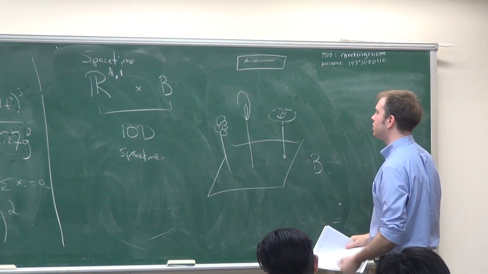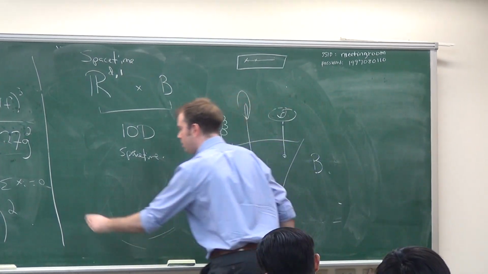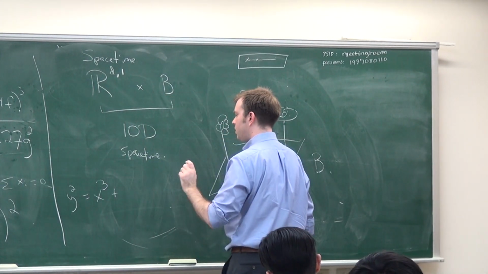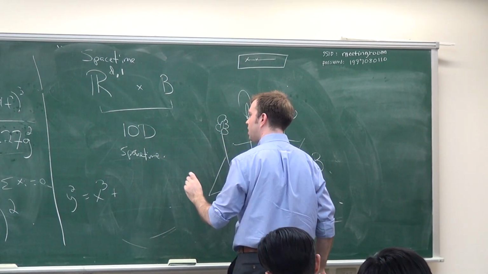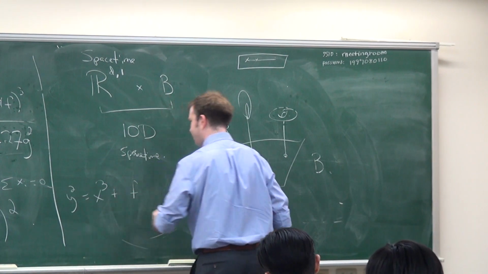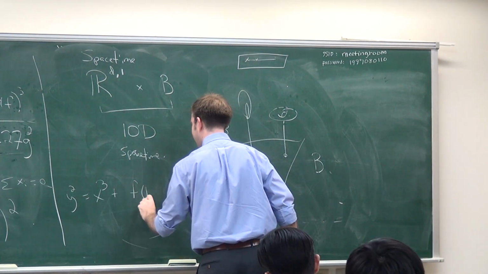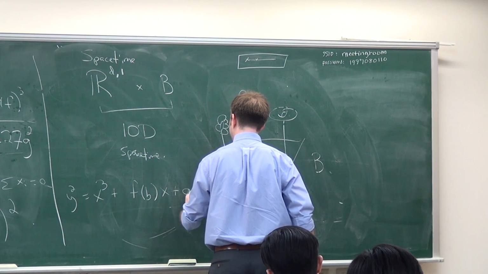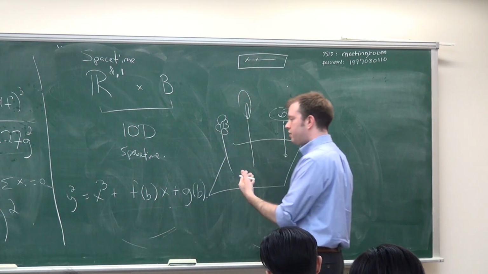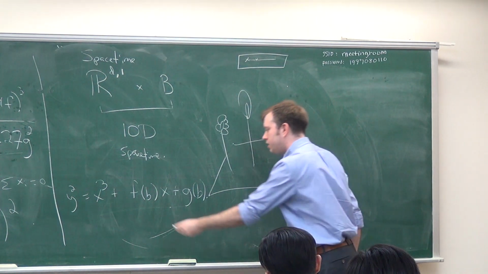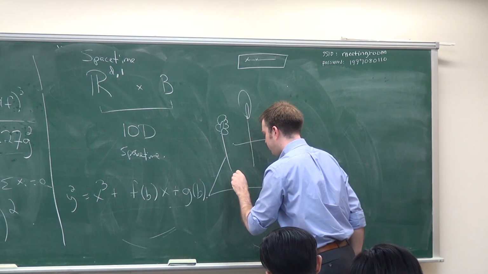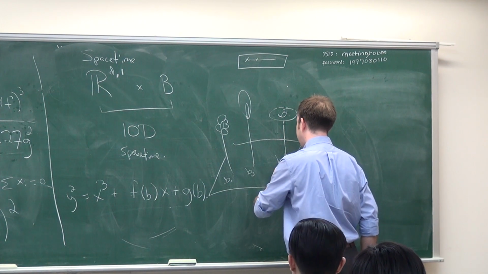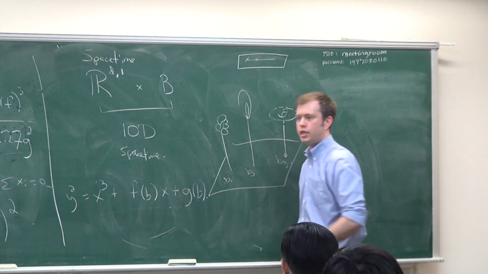So how would we represent this in terms of equations? We would write y squared equals x cubed. Now, I'm going to be a little mathematically sloppy here, but I hope nobody minds. I'm just going to write it as f of b x plus g of b. That's just to encode the fact that as I move from point to point in b, the values of f and g change.